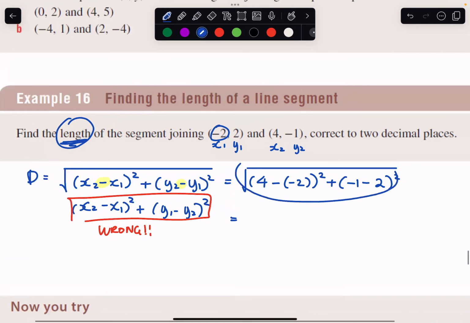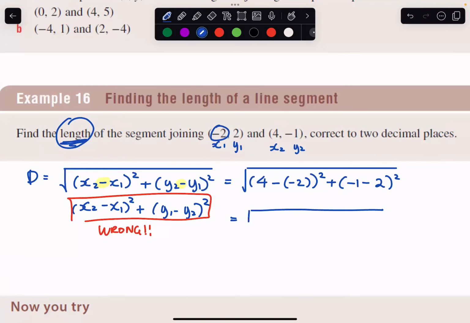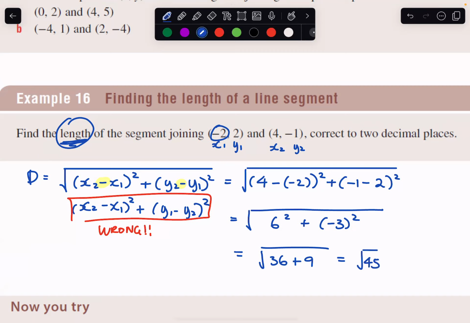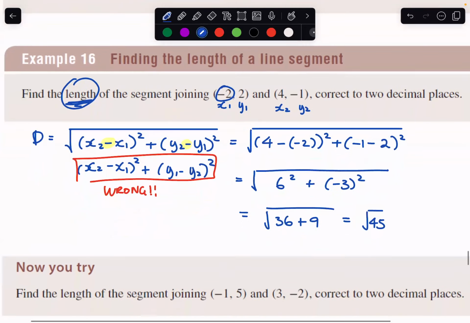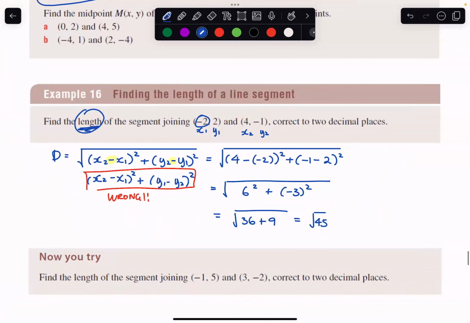I do it by hand, but in a test, you don't need to do it by hand, just use a calculator. 4 plus 2 is 6. So 6 to the power of 2 plus negative 3 to the power of 2, which is 36 plus 9, which is square root of 45. The distance between these 2 points will be square root of 45, okay?